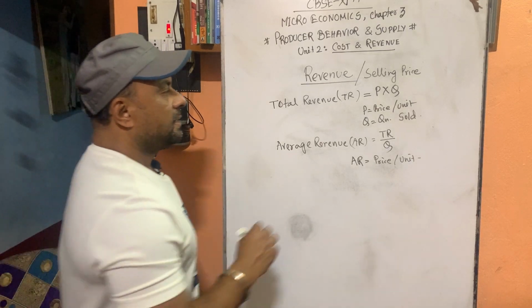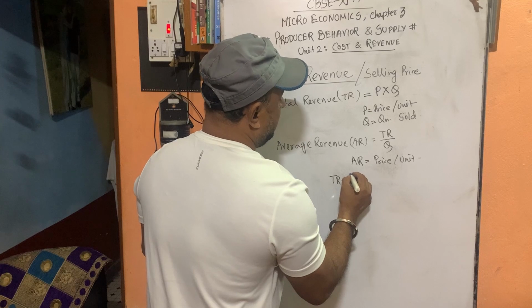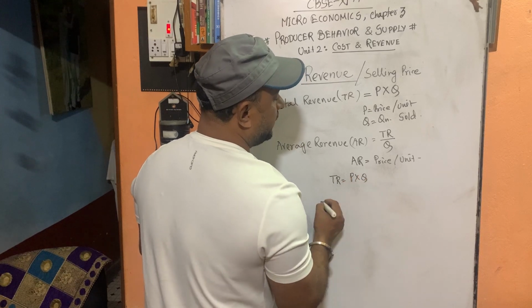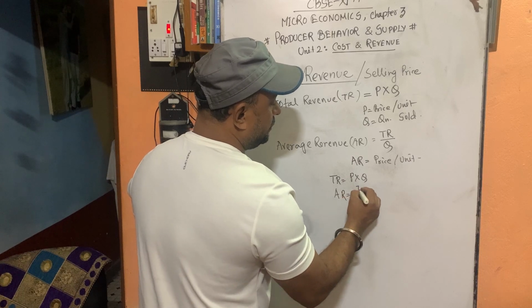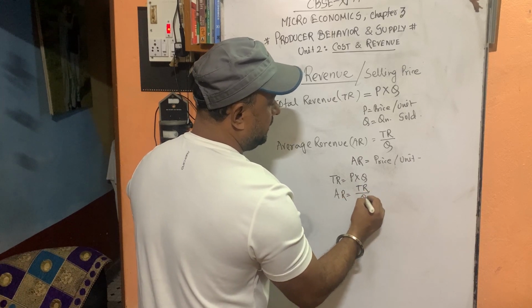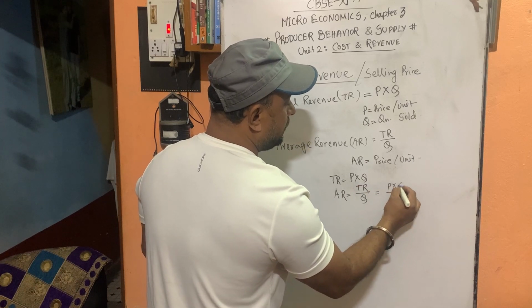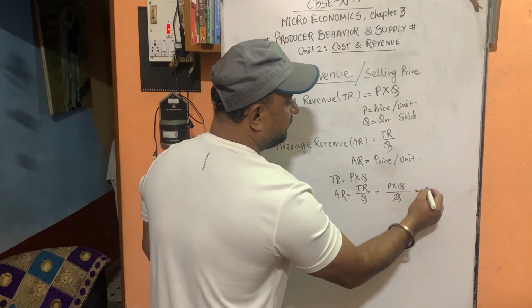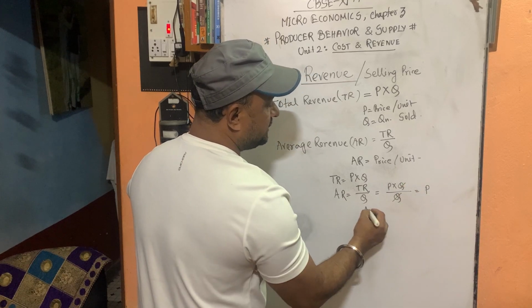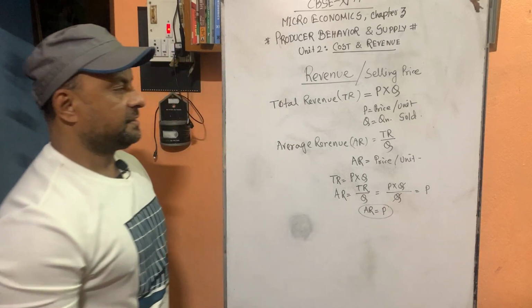How is it? Total revenue we get as price into quantity. Average revenue is total revenue divided by quantity. Now total revenue is price into quantity, divided by quantity. Q cancels, what is left? Price. So average revenue is nothing but the price of the product.